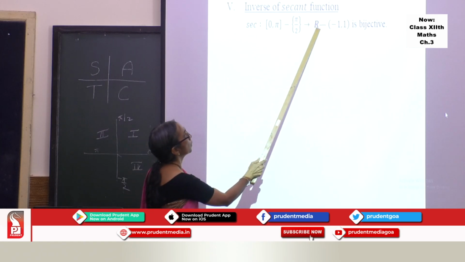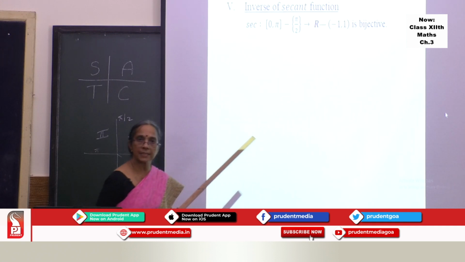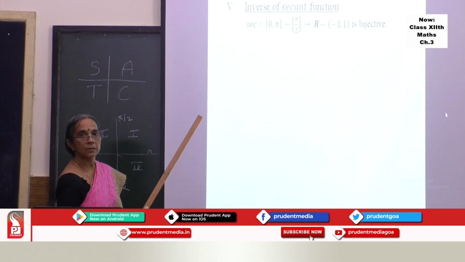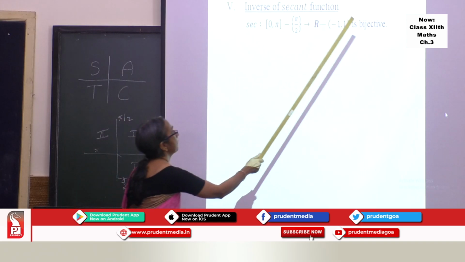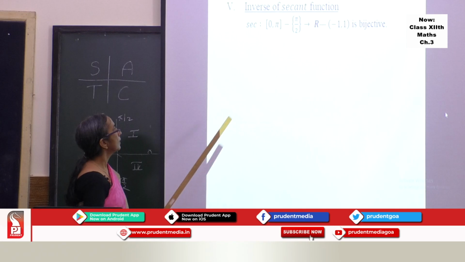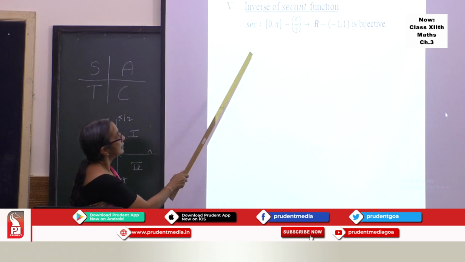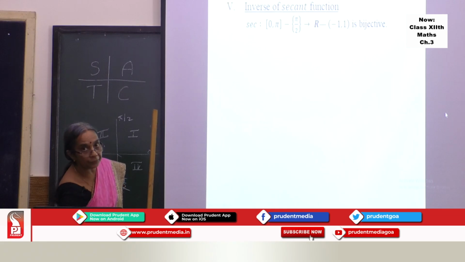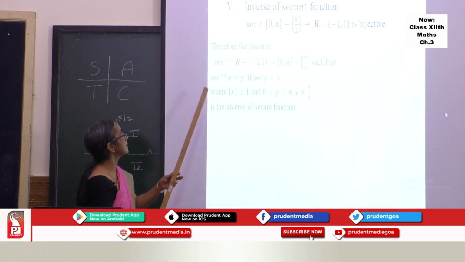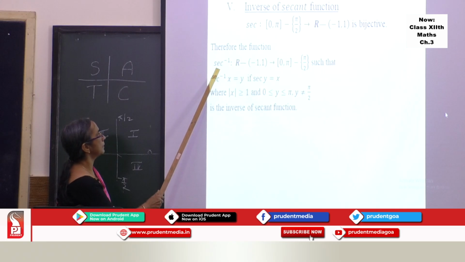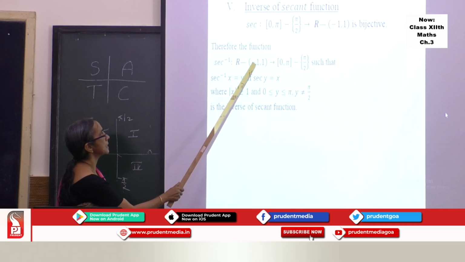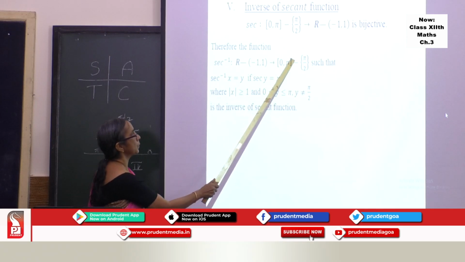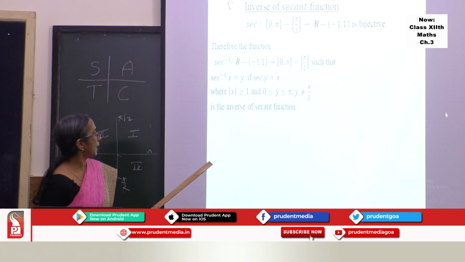And the codomain is R minus the open interval minus 1, 1, like the cosec function. It is bijective. Therefore, we can define the inverse of the secant function: a function from R minus the open interval minus 1 to 1 to the closed interval 0 to pi minus pi by 2.